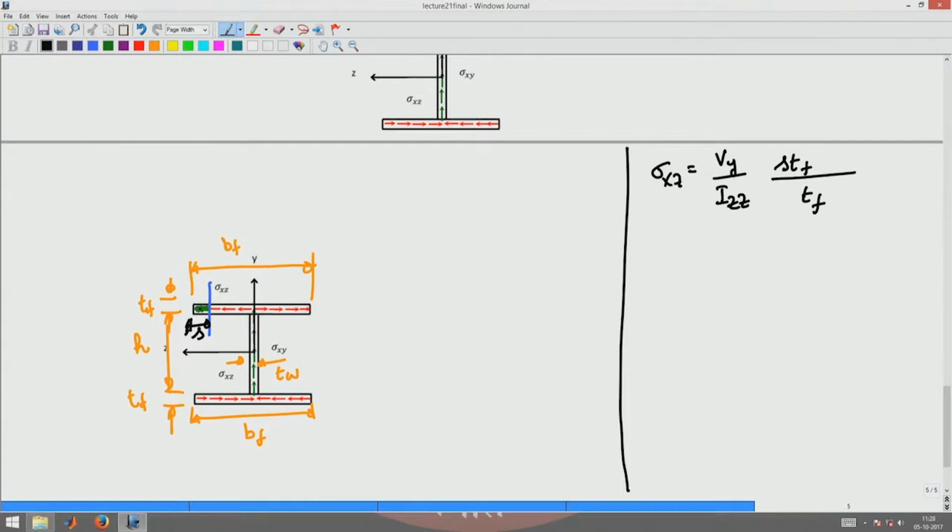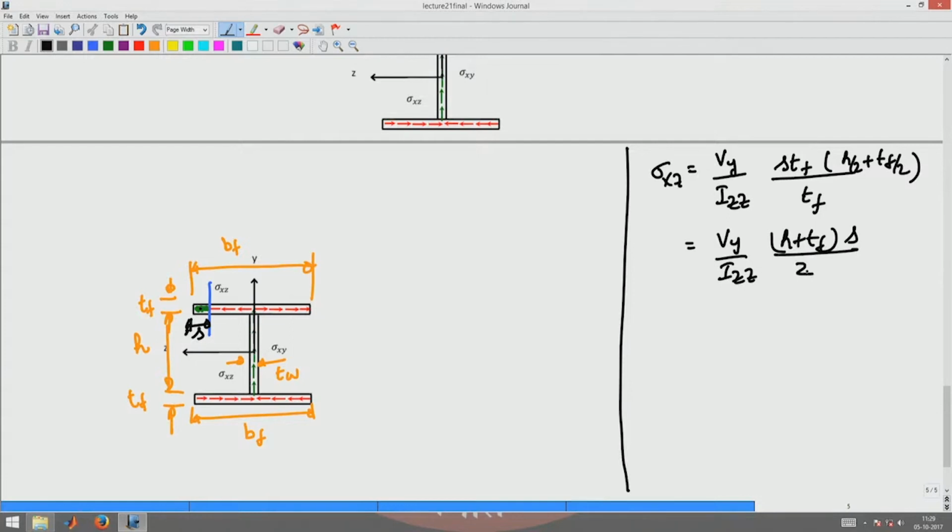The center of this area is somewhere here, that will be H by 2 plus Tf by 2, right. So, this becomes Vy by Izz into H plus Tf into S by 2.